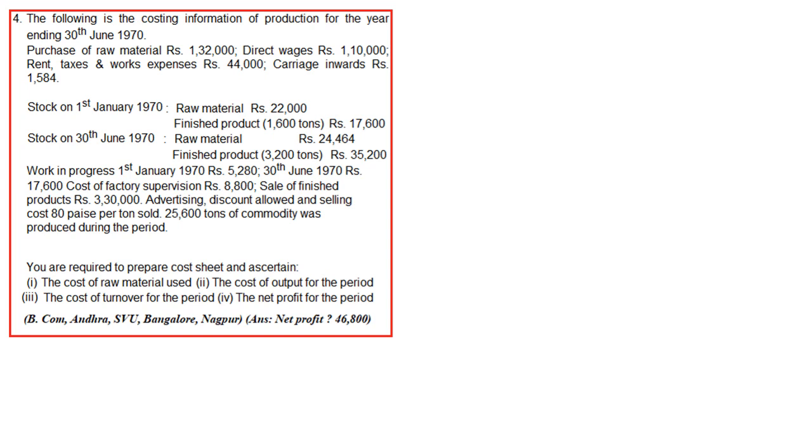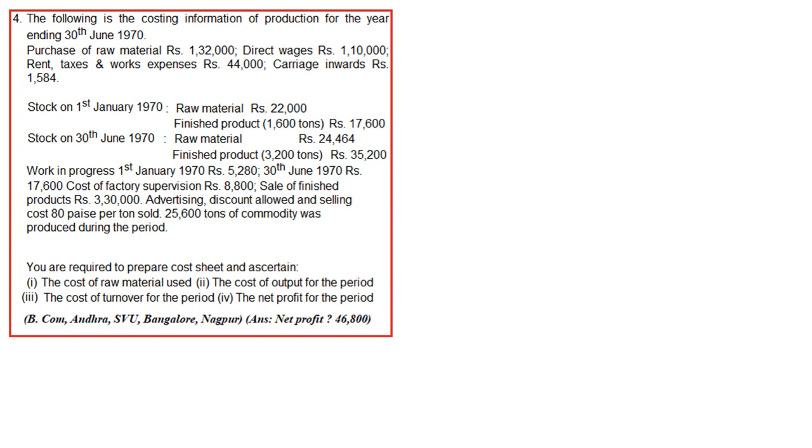Bear in mind, in this we have provided tons produced, in the sense tons of finished product opening and tons of finished product closing, with the value even, right? Work in progress opening and closing we have given. Factory supervision 8,800. Sale of finished product 3,30,000 is the sale proceeds of the finished product. Advertisement expenditure we are getting 0.880 paisa.